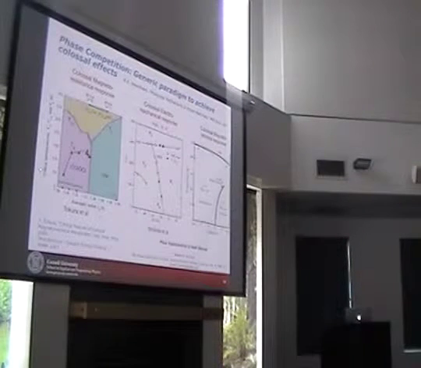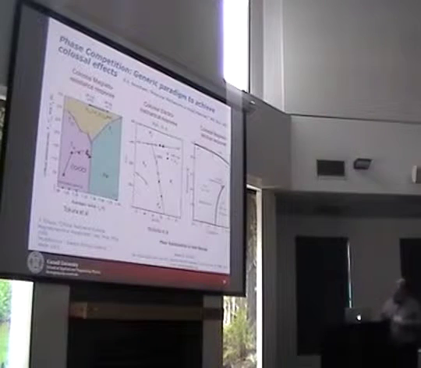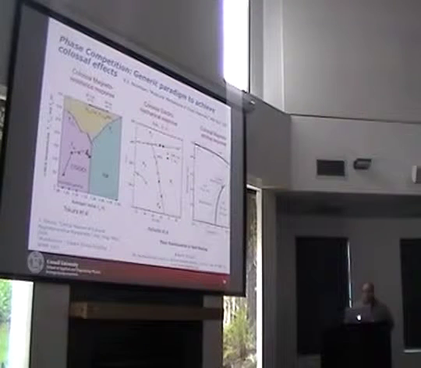So the idea is that one tunes to a phase boundary, and in the vicinity of these phase boundaries we have these large responses. So can we tune to a boundary and take advantage of these various competing phases to produce large and colossal responses?